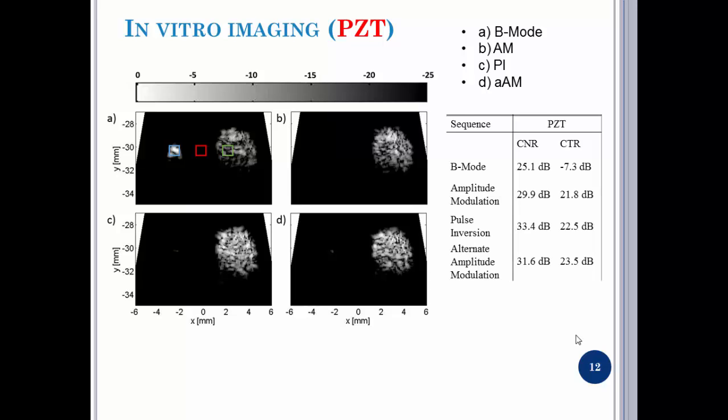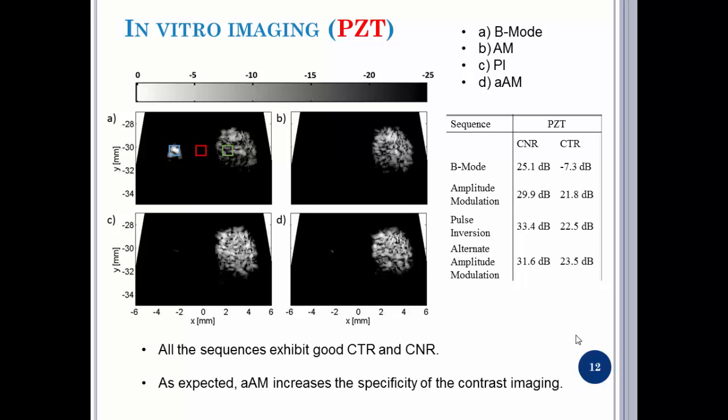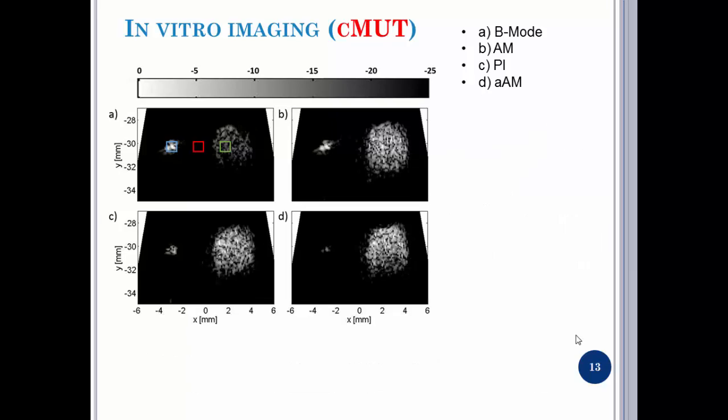And when you look at the contrast to noise ratio and the contrast to tissue ratio, you have a big increase of about 30 dB between B-mode and alternate amplitude modulation. That's the one that gives the best results. As expected, all the sequences work, but amplitude modulation is the best one.